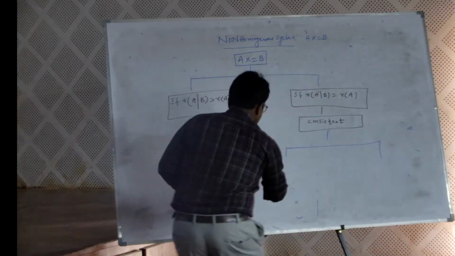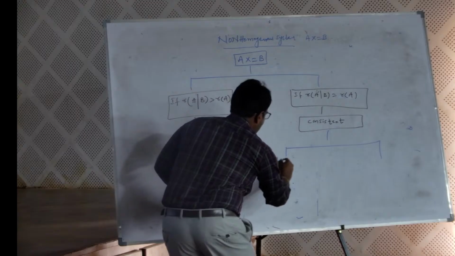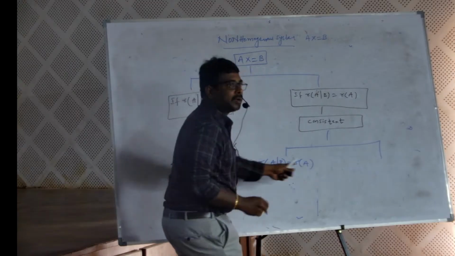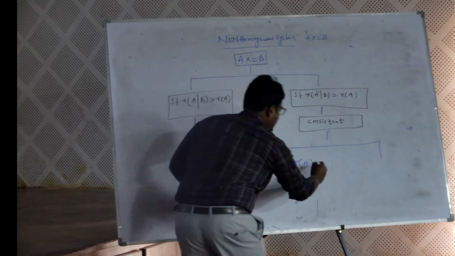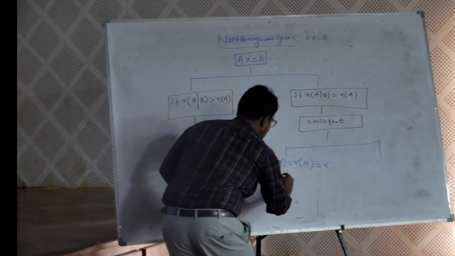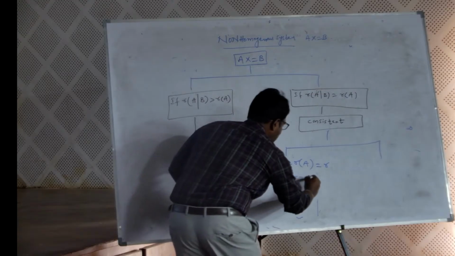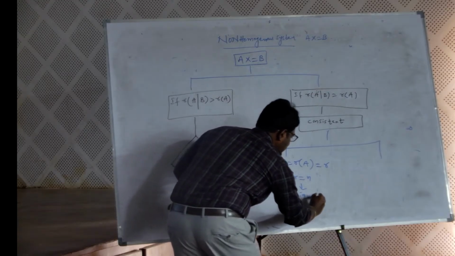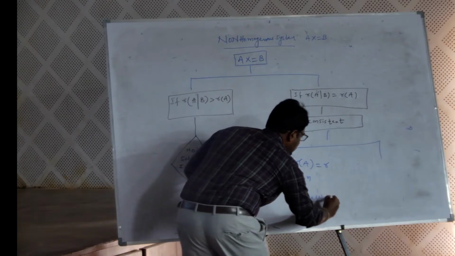If rank of A by B equal to rank of A, when the ranks of these two are same, let us say that equal to R. If rank equal to N, that gives unique solution. Which solution? Unique solution.